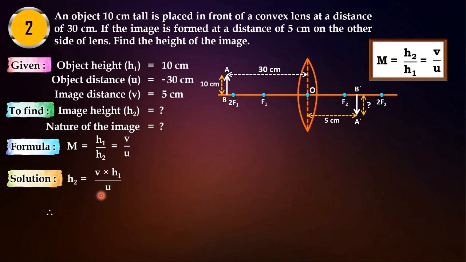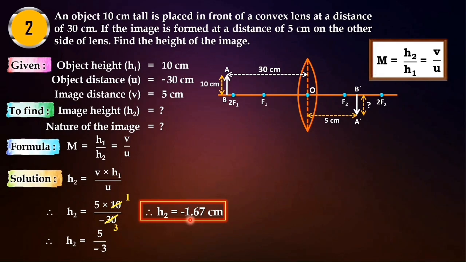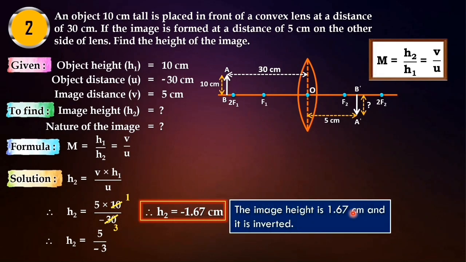So h2 equal to v into h1 by u. Now by putting the values of v, h1 and u, that is 5 into 10 by minus 30 respectively. Now by cancelling it, we will get the image height h2 equal to minus 1.67 cm. So the image height is 1.67 cm. And since there is a negative sign, the image will be inverted. So the nature of the image is inverted. So I hope you all understood.